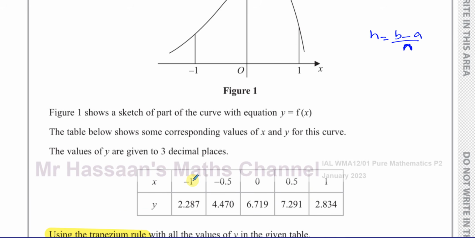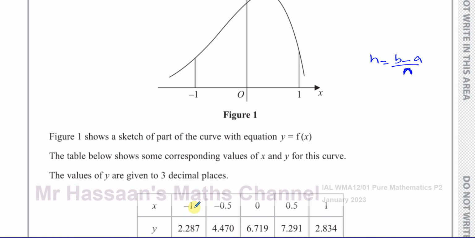You are basically making trapeziums from this area here, and the parallel sides go up at each of these points. So there's one going up at -0.5, which is halfway between these two, and there's another one going up between 0 and 0.5, which is halfway between these two.